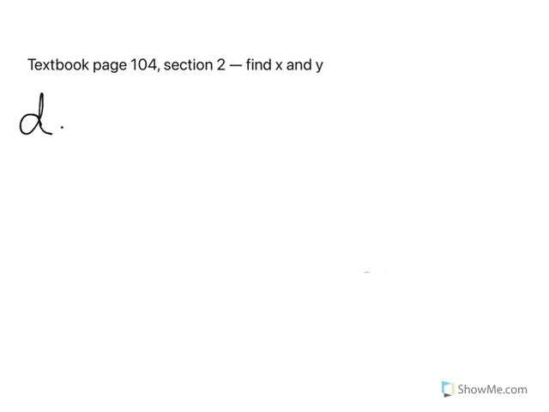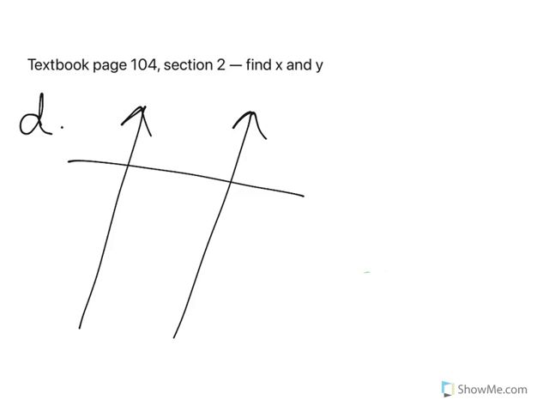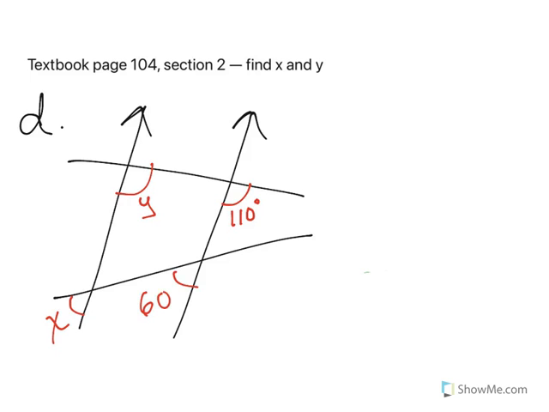Okay, here we are. Let's get the last one. D. Again, our sets of parallel lines, our transversals, and our nifty angles here. Y, 110 degrees. Over here is X, and 60 degrees. All right. So again, ladies, I'm sure you can guess by now, but what does X equal? 60 degrees.